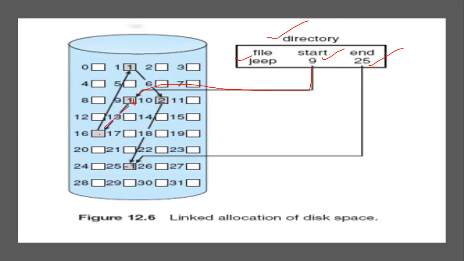It goes to 16. 16 has the value 1. Then it goes to 1. 1 has 6. It comes to 6. From 6 it has 25.